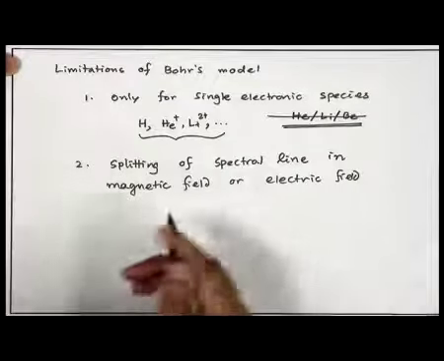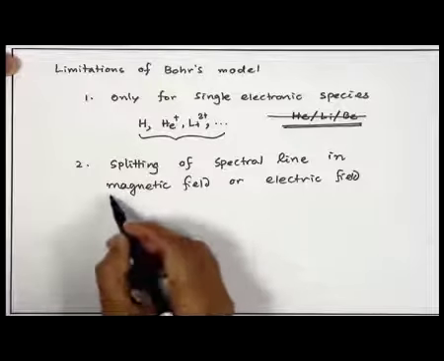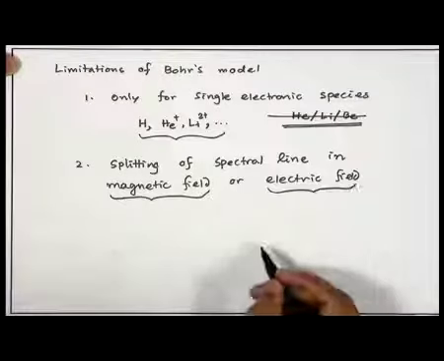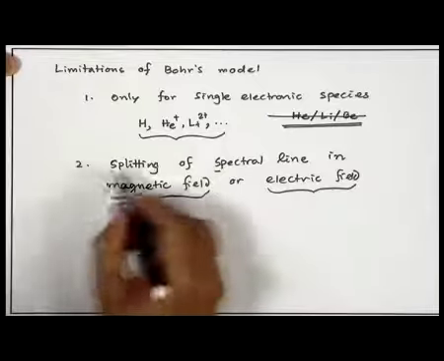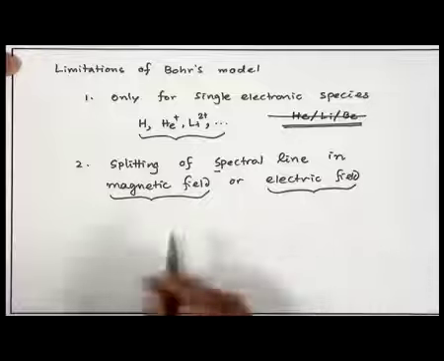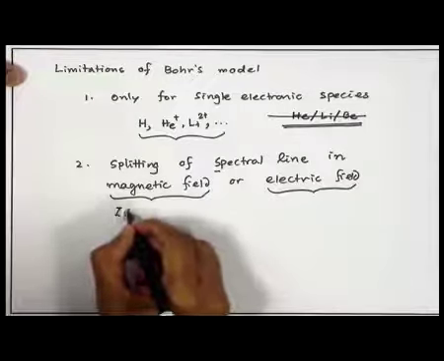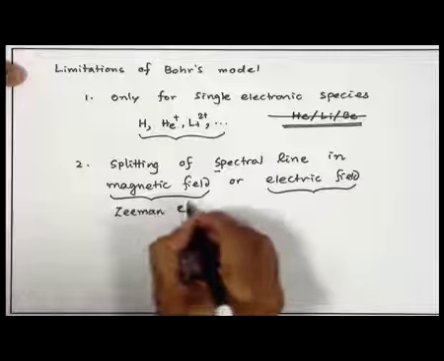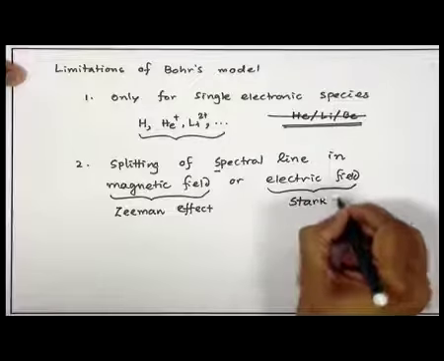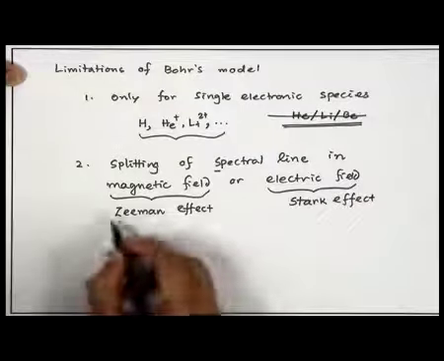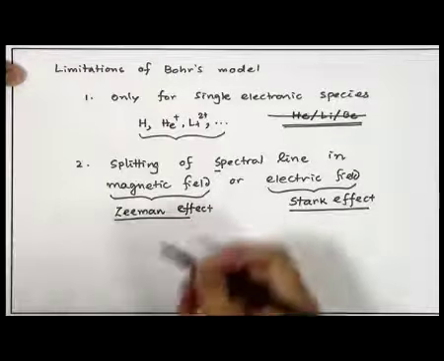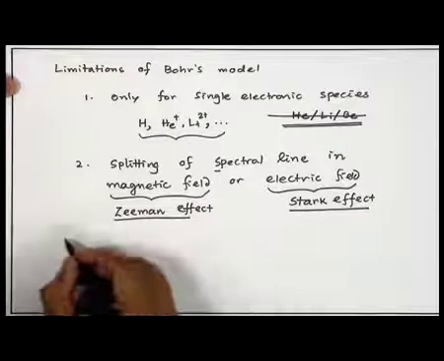But if you re-record this emission spectrum by subjecting the matter to the influence of a magnetic field or electric field, we saw that the spectral lines actually split. You got many additional lines in addition to the lines that we have already seen, and these were explained by the Zeeman effect. They are known as the Zeeman effect, or when under the influence of an electric field, they are called the Stark effect. So, Bohr's atomic model could not explain the Zeeman effect or Stark effect. This is again another major limitation of Bohr's atomic model.